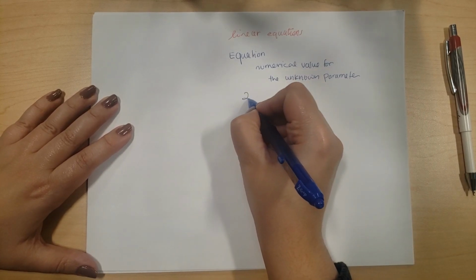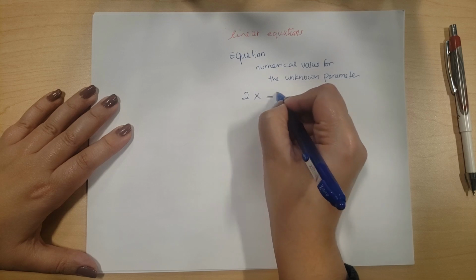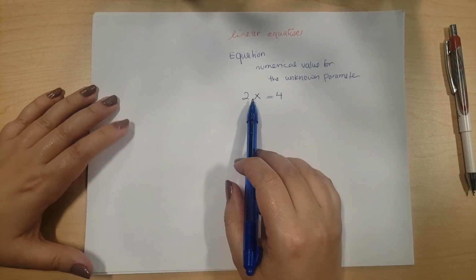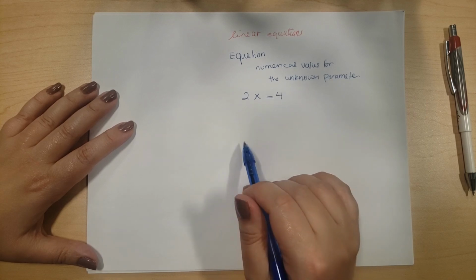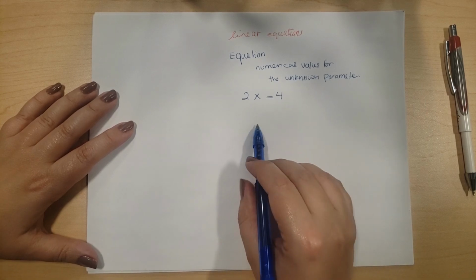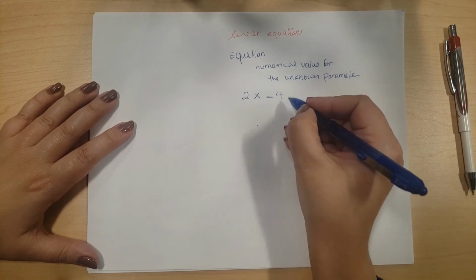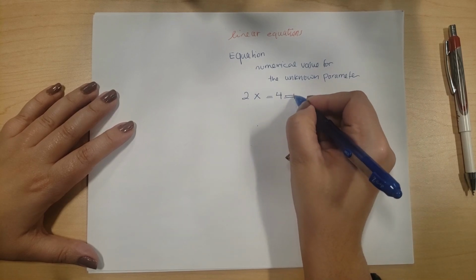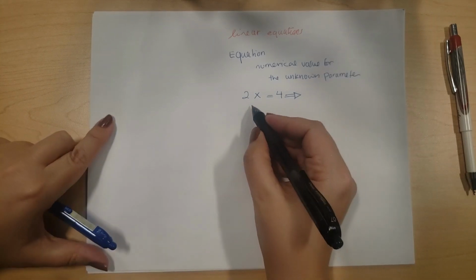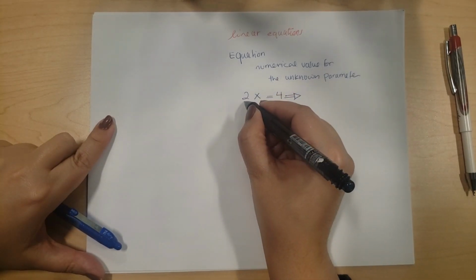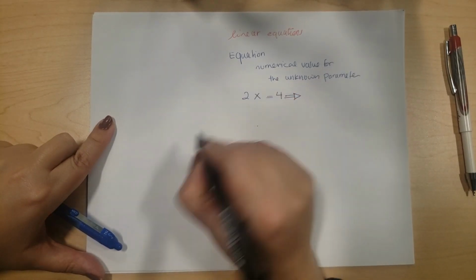Let's say 2x equals 4. So what number is multiplied by 2 that we get 4? Most of you can do it mentally, but we want to know how we do it on paper. So let's say here 2 has been multiplied by the unknown parameter.